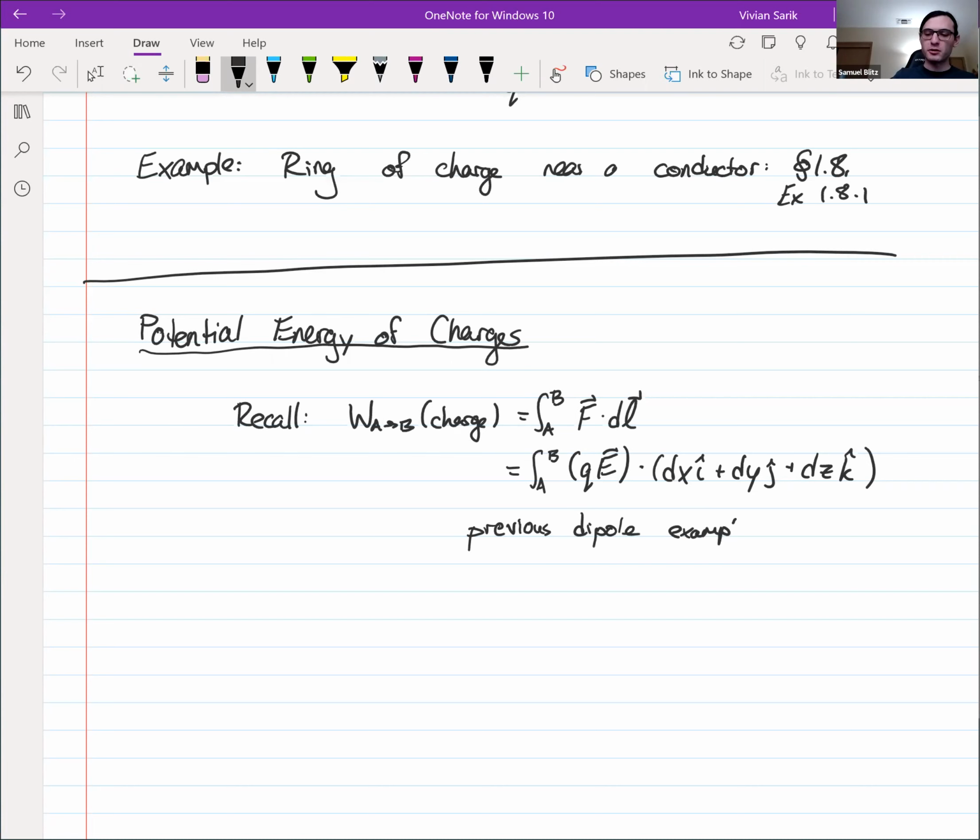After a little bit of work, we got that the work done on that charge was the charge times the magnitude of the electric field times delta L, which was the distance that the charge traveled.